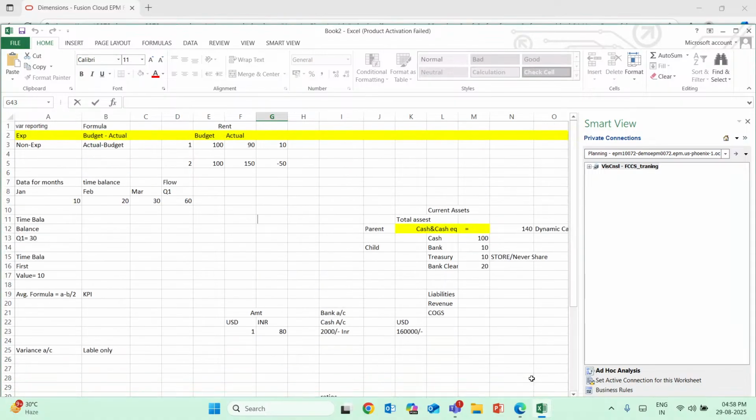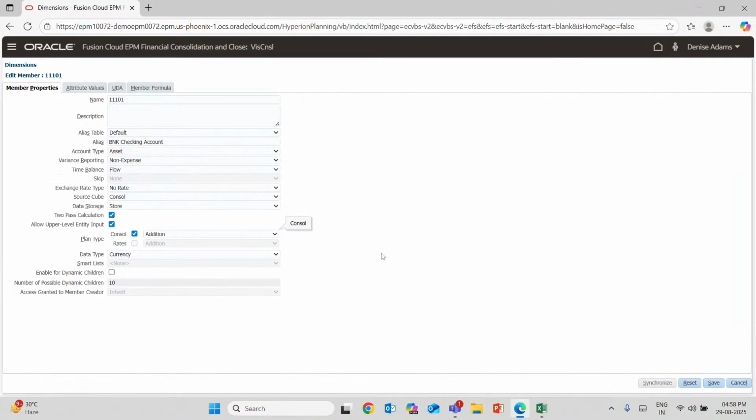So that's all for today, and whatever other things are remaining, we are going to cover in the next class. In the next class I'm going to give a detailed description of the dimensions, as we have only covered a single dimension here today, which is the account dimension.